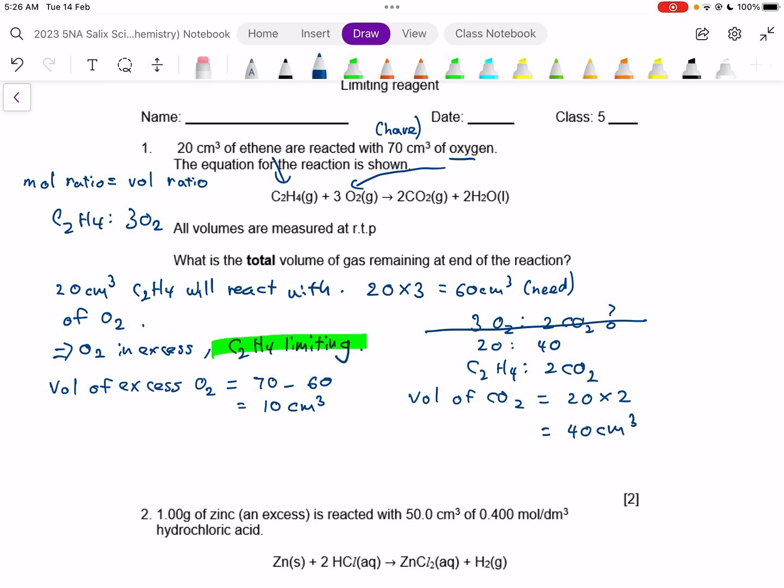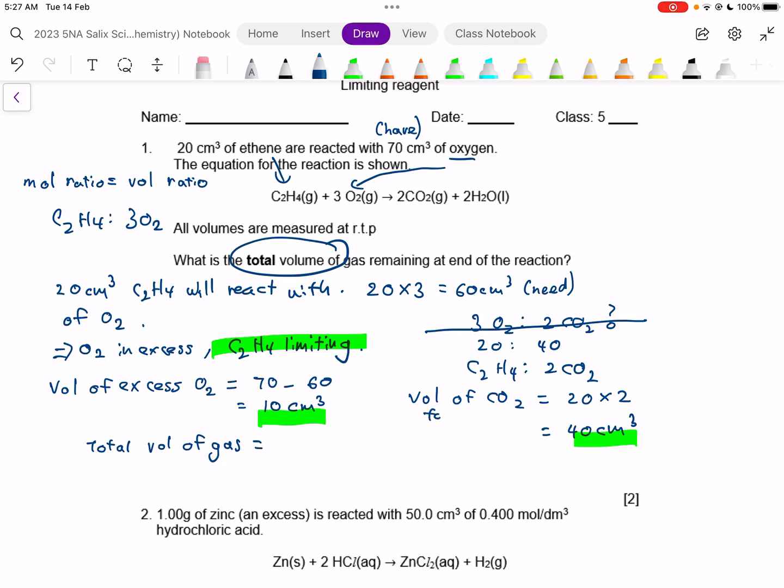My final answer is the total volume of gas. The total volume of gas will include the excess O2 as well as the volume of CO2 formed.